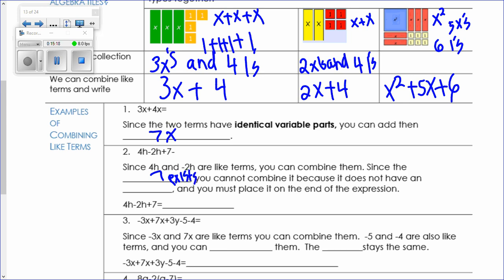It's a lone number. It does not have a like term. And you must place it on the end of the expression. So for me, I like to circle my like terms and then combine them. 4h's minus 2h's is 2h plus 7.